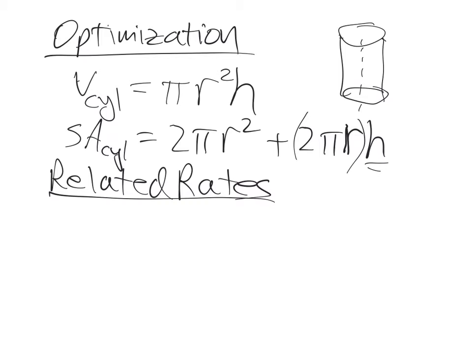Make sure you don't just plug in all the constants and then take the derivative, because you'll get 0 equals 0. But like the ladder sliding down the edge of a building, well, this is going to vary, this is going to vary, but the ladder will be a constant. Maybe it's a 20-foot ladder.